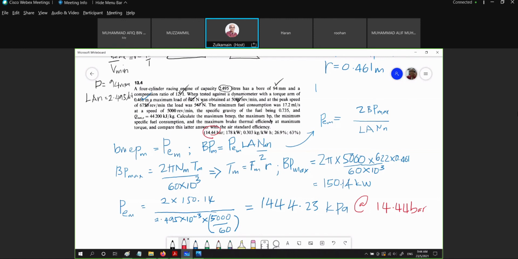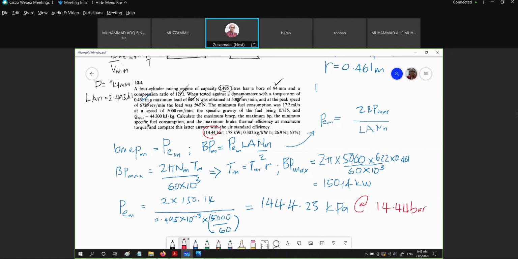So BP maximum is based on the peak power, jadi kita kena dapatkan dia punya maximum brake power. Adakah this maximum at 7? Okay, tak apa. Kita tak tahu which one is maximum brake power.